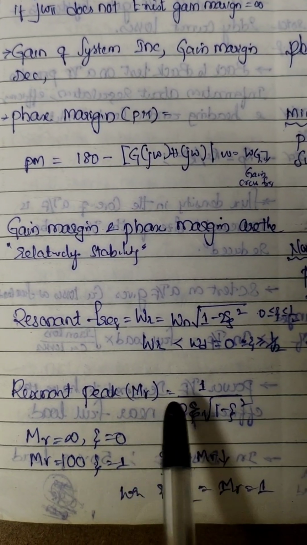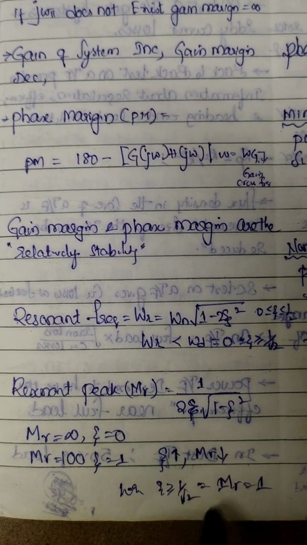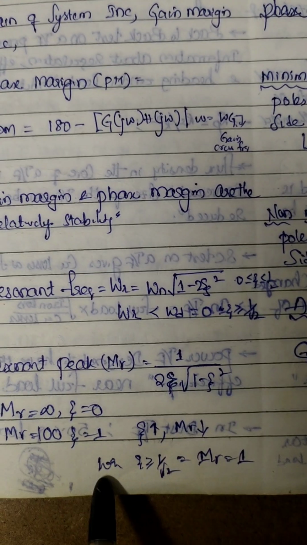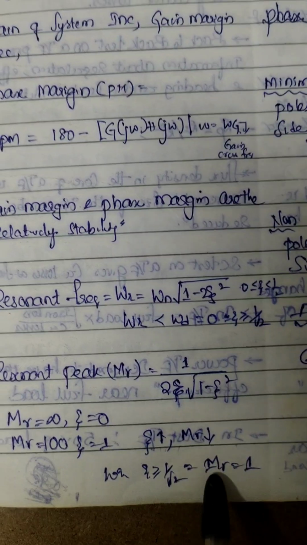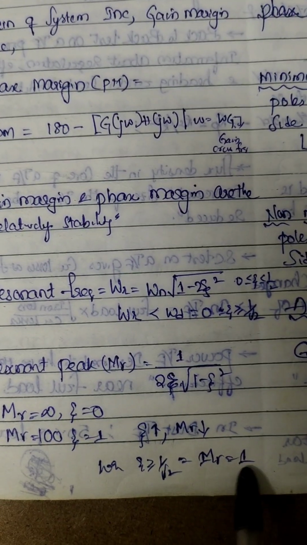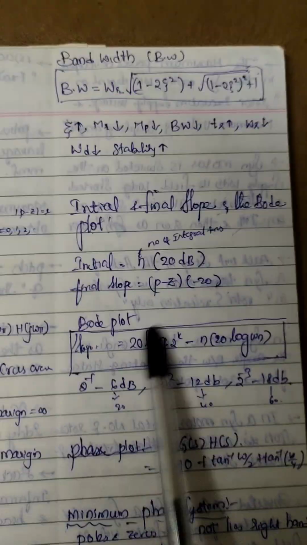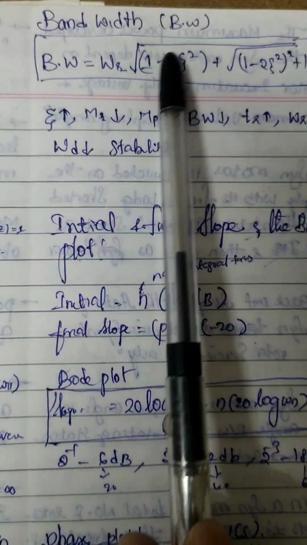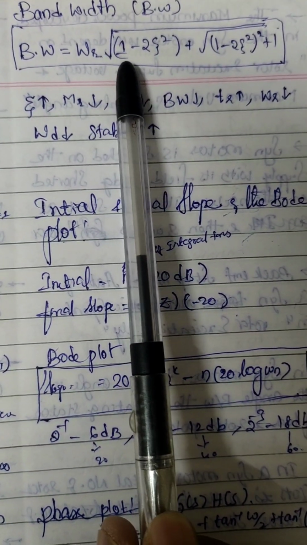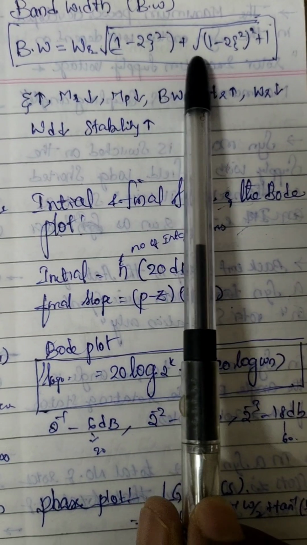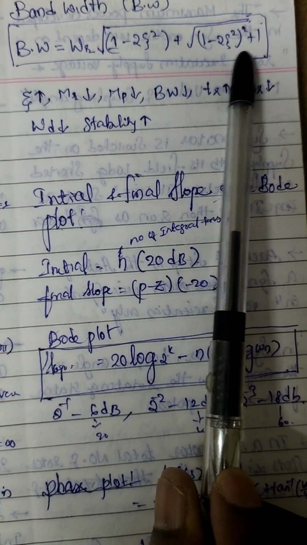Whenever zeta increases, the resonant peak decreases, because it is inversely proportional. Whenever zeta is greater than or equal to 1 by root 2, the resonant peak should be 1. Here you can see the bandwidth formula: bandwidth is equal to omega n under root of 1 minus 2 zeta square plus under root of (1 minus 2 zeta square) whole square plus 1.